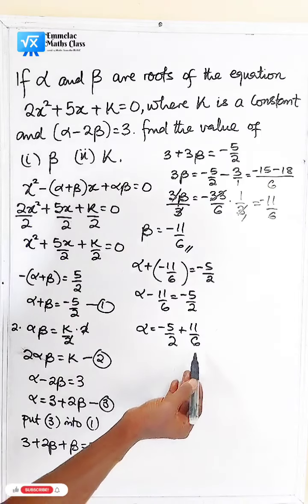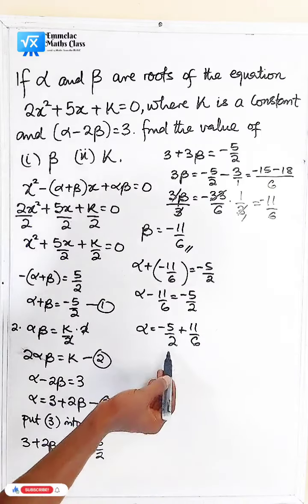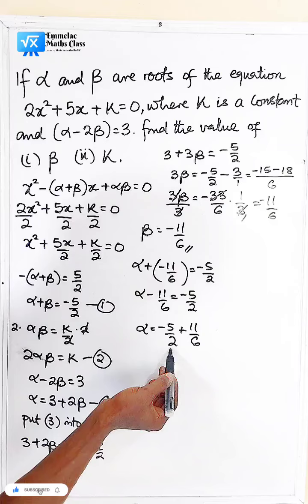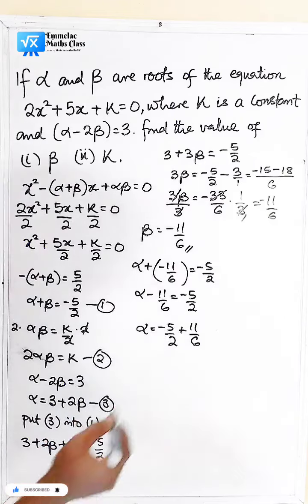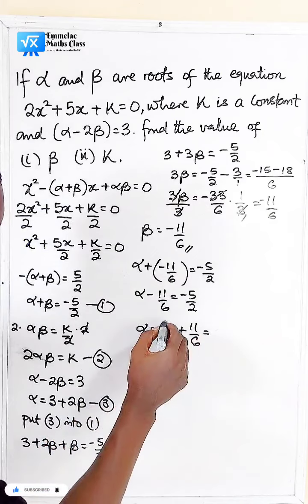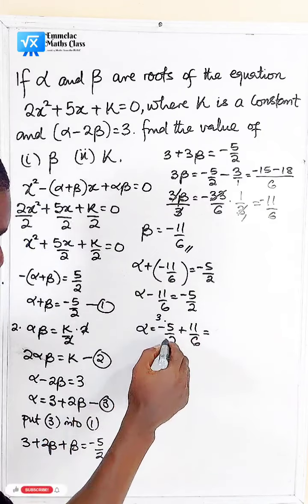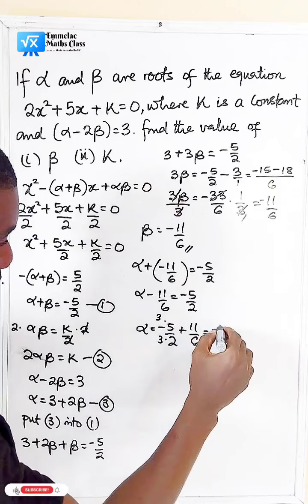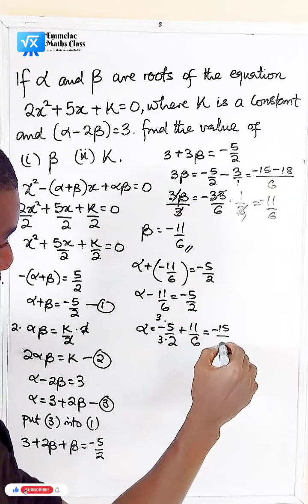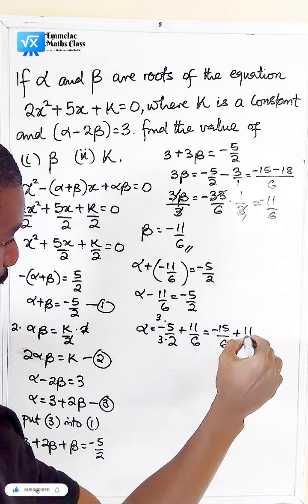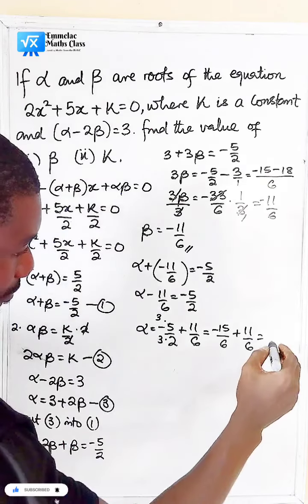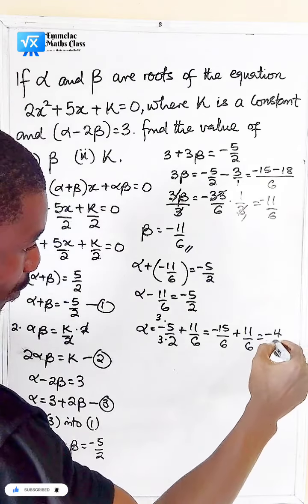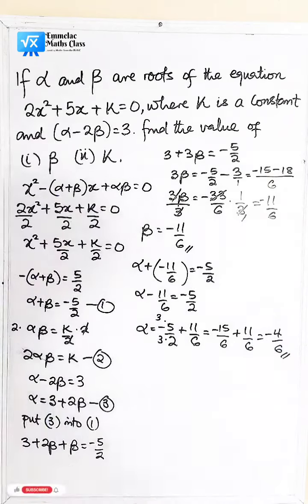Since we have 6 here, let us also make the denominator 6, and by so doing we multiply the numerator and the denominator by 3. We have negative 15 all over 6 plus 11 all over 6, and this gives us negative 4 all over 6 as our alpha.